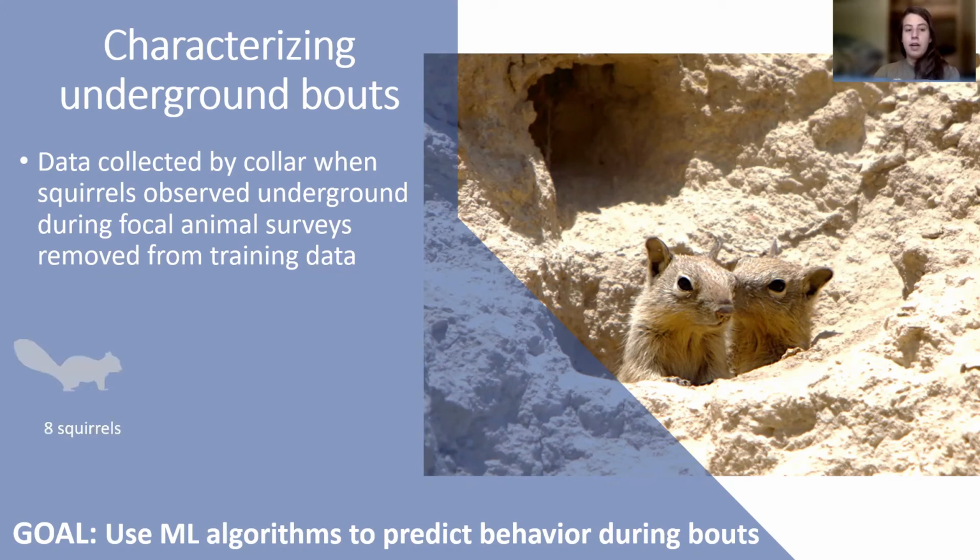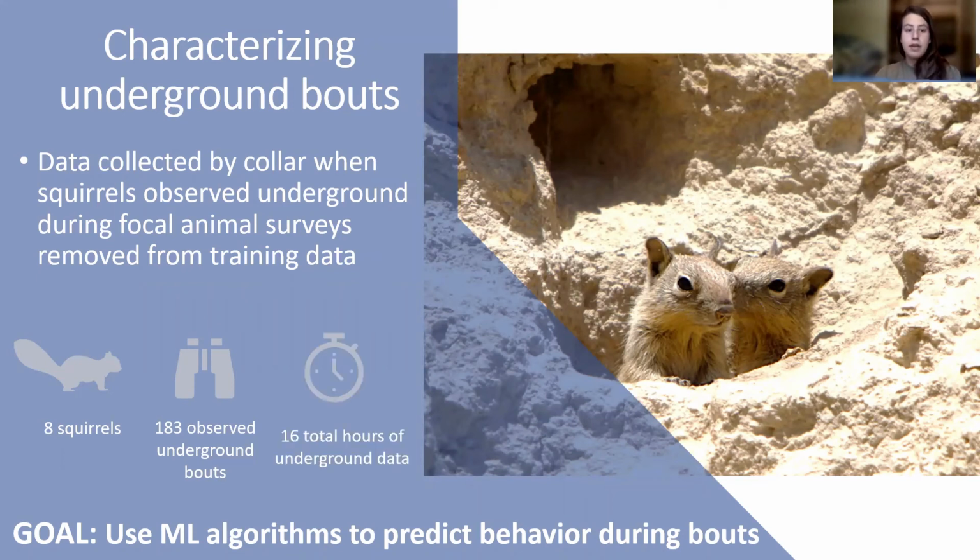So with our 8 squirrels, we collected about 183 individual bouts of going underground. This added up to 16 total hours of underground behavior, and each bout on average was 5 minutes.